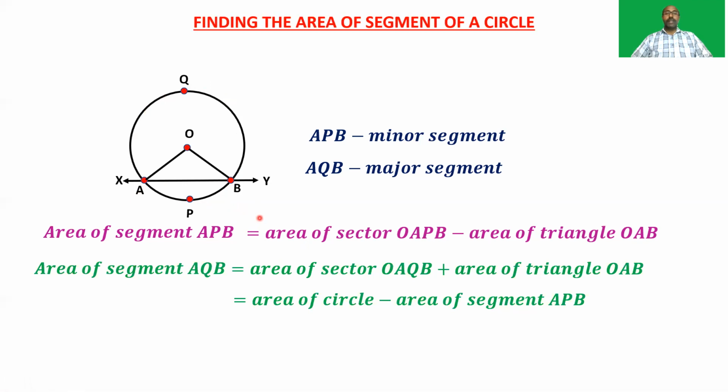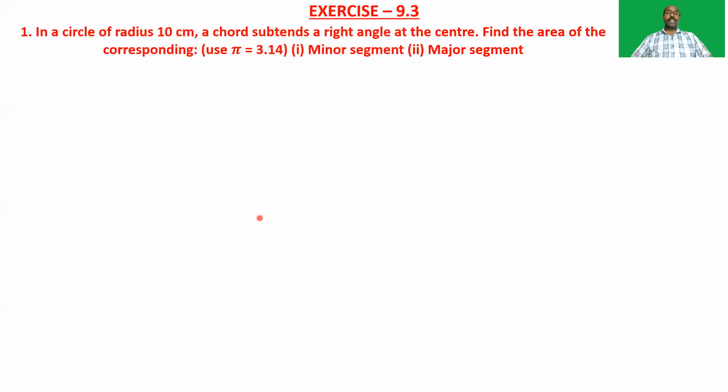So, let us solve exercise 9.3, which is based on areas of major segment, minor segment, and sectors. The first problem is: in a circle of radius 10 centimeter, a chord subtends a right angle at the center.